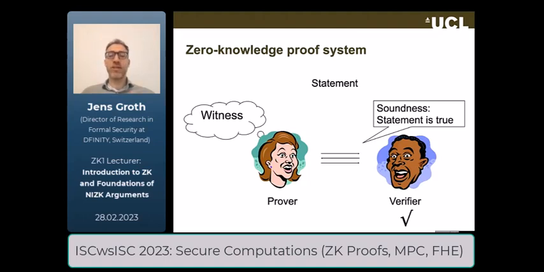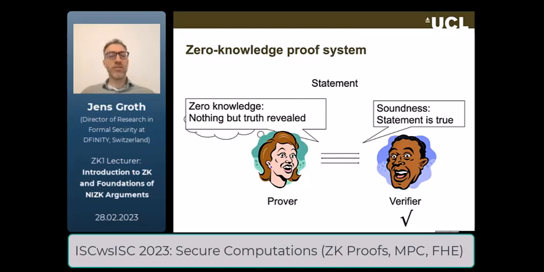So that protects the verifier, that you can only convince the verifier if the statement really is true. And then the prover wants confidentiality of data, and that's the zero knowledge property. Okay, so what it guarantees is that you do convince the verifier, but you do not reveal anything else except the fact that the statement is true.